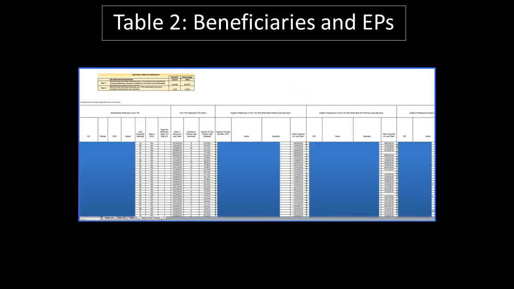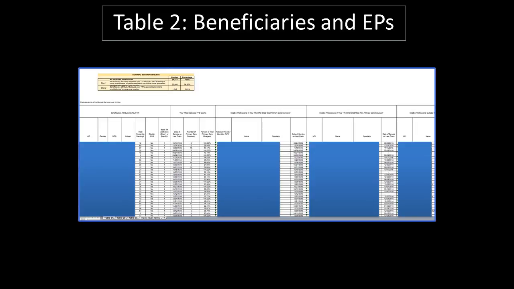Once we've gone through and we know who the providers are within the tax ID number and what their classification is, this slide where I've blanked out pertinent detail gives us a list of all of the beneficiaries who have been ascribed to the tax ID number for the year.